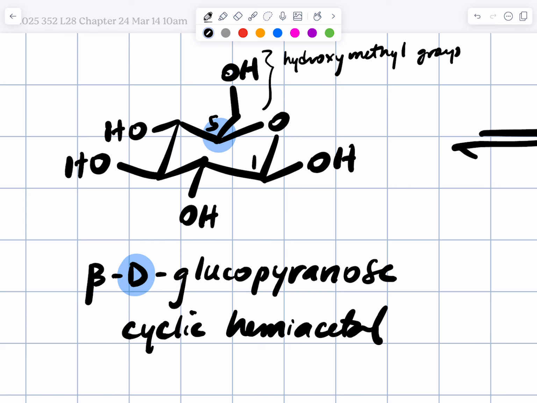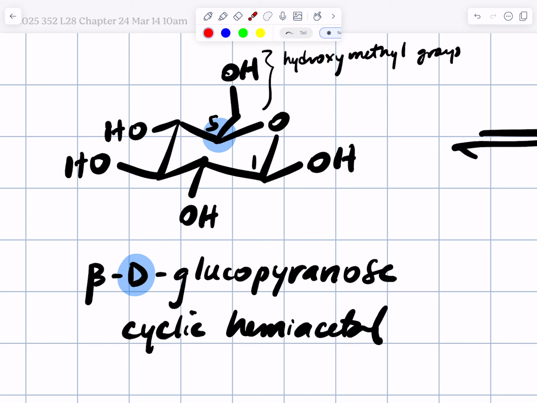D configuration, when you draw the chair structure of glucose in this way, means that the hydroxymethyl group is up at C5. Now, are you guys still okay on chairs? You still know axial versus equatorial? You still know up versus down. You know axial doesn't always mean up and equatorial doesn't always mean up or down.